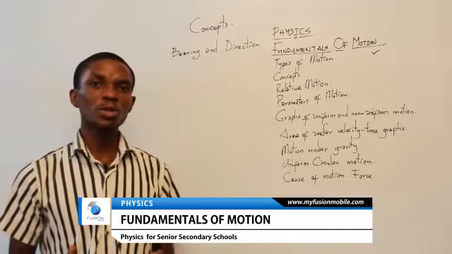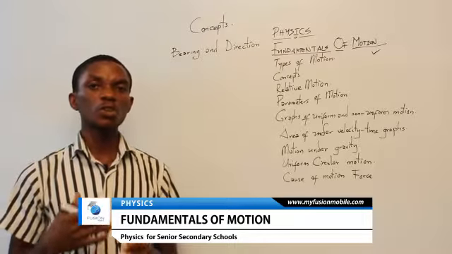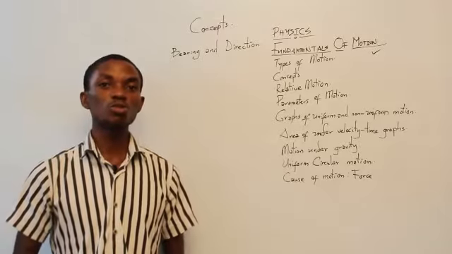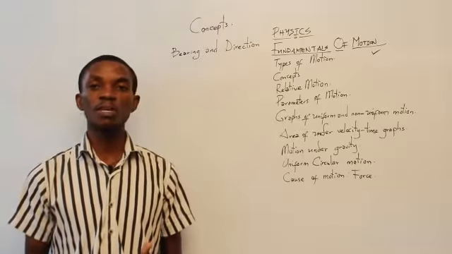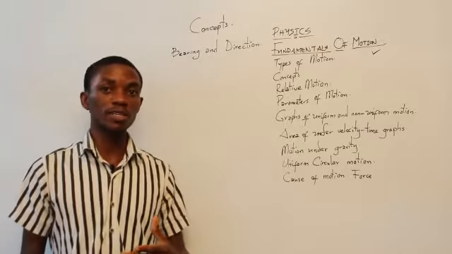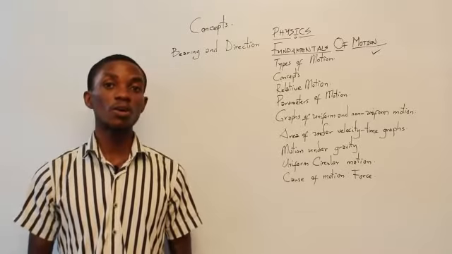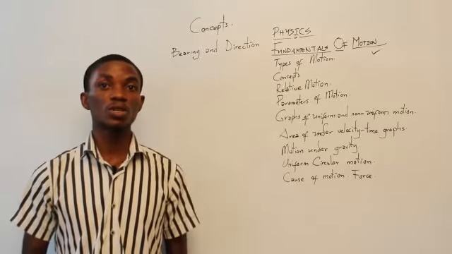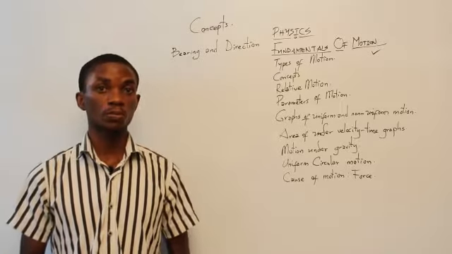So when we take into consideration the bearing, it also gives us a sense that we can actually apply in solving many of our questions. Understanding of the concept of bearing, how we use bearing, would actually go a very long way to helping us in solving many questions when it comes to motion.